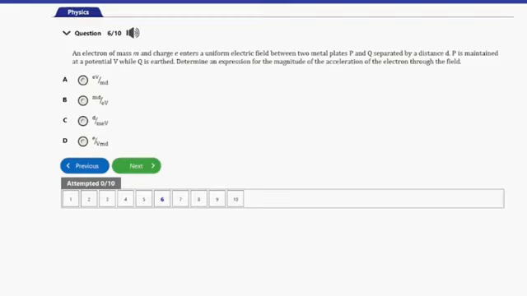Now from this we can deduce that a is equal to F over m.